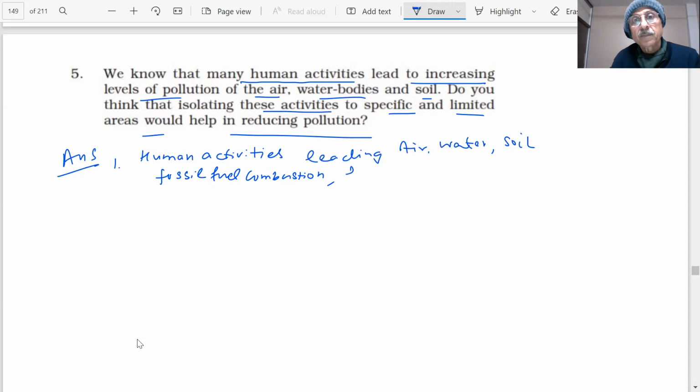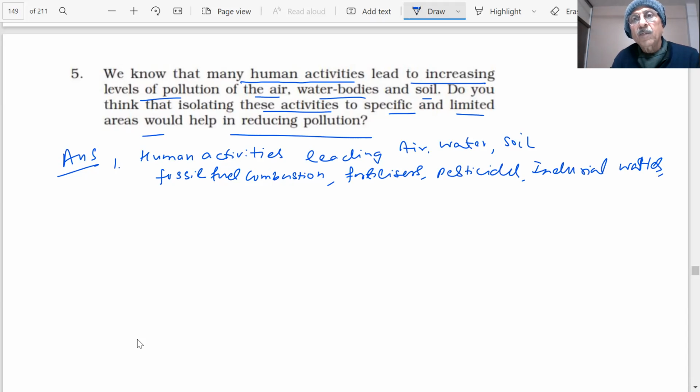So the waste from factories, fertilizers, pesticides, industrial waste. And what is happening to the soil? Modern farming methods. We already discussed that. Anything else?